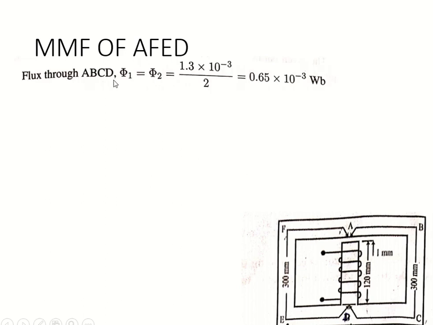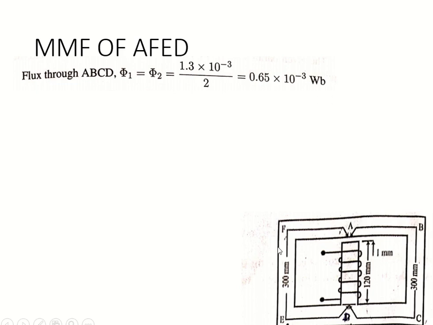Since each part has the same length and the same area of cross section, the flux linking with both parts is the same. So the flux is divided into two paths, phi 1 and phi 2, each phi by 2. This is the total flux in the central limb, phi divided by 2, that is 1.3 into 10 raised to minus 3 Weber by 2 will be the flux in each limb.